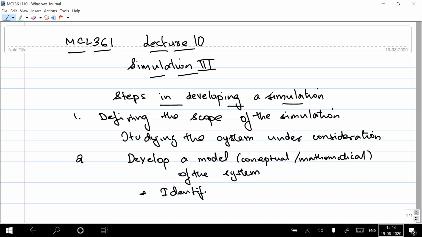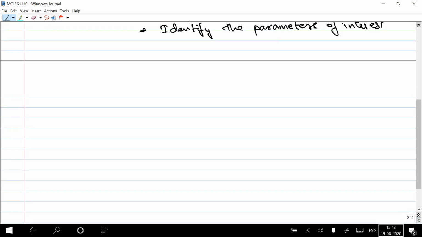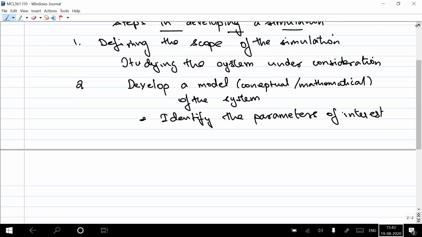What are the parameters of interest? Now keep in mind, I'm not just saying input parameters here. This could include some output parameters as well, or in other words, outcomes of the model.